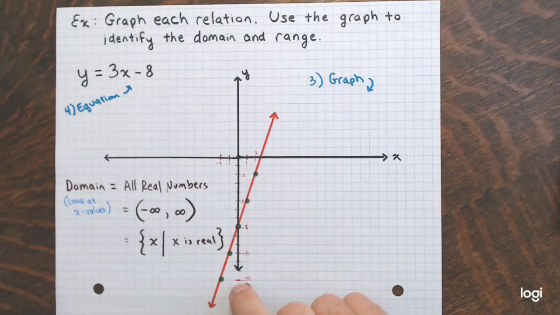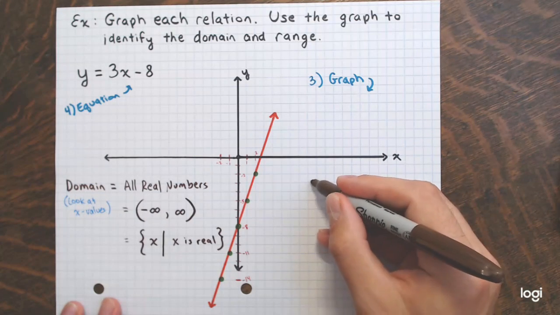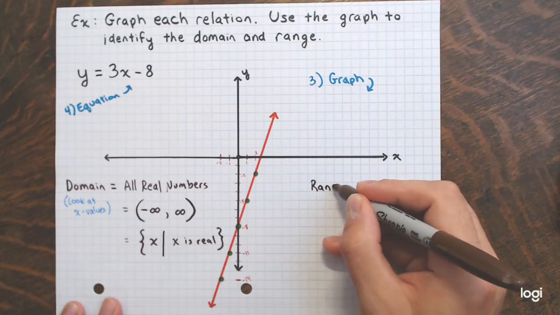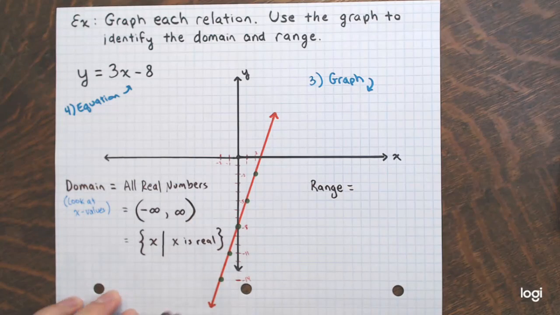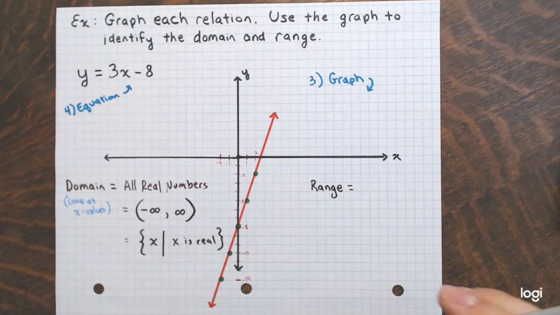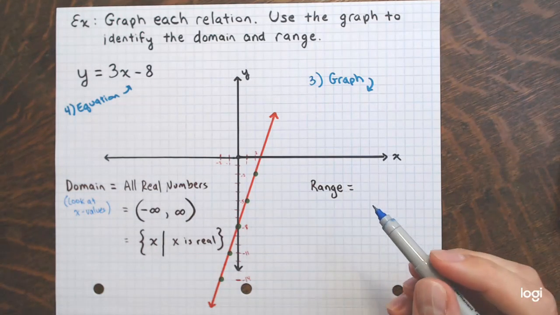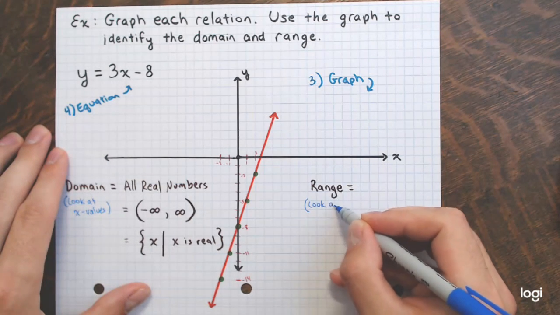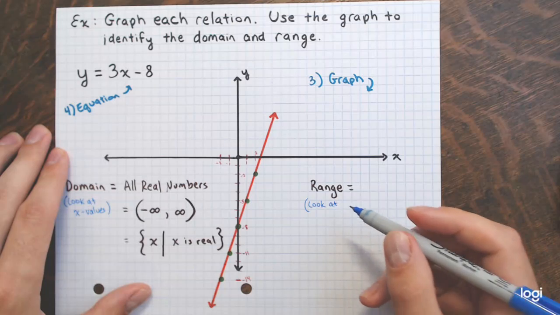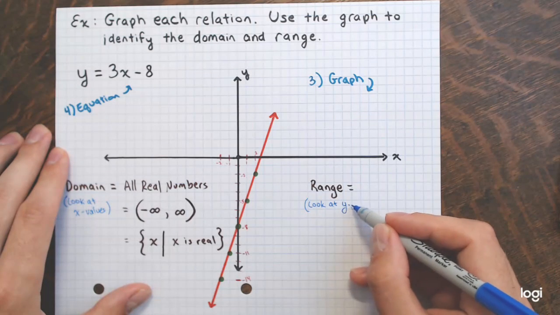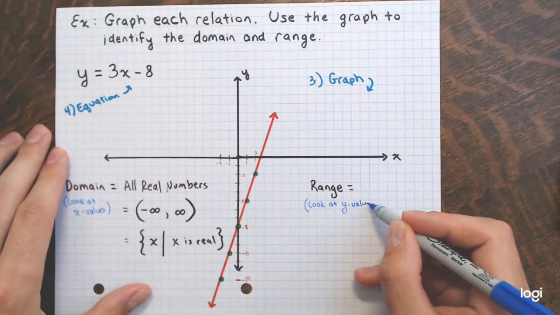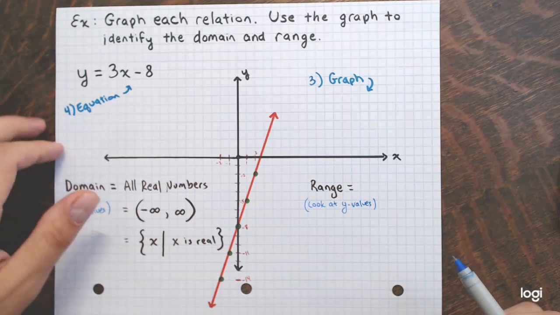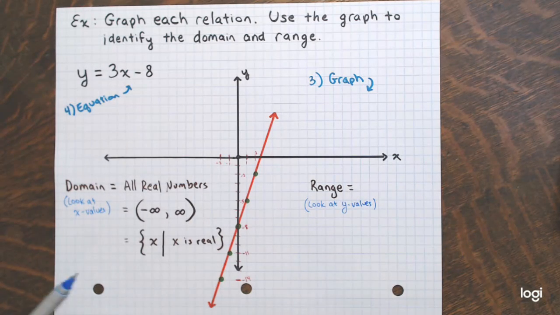And I'm hoping you can see that the same is true for the range. For the range, you're not looking at x coordinates here, you're looking at y coordinates. You look at the second coordinates, the second values in the ordered pairs in the relation, or the points on the graph.